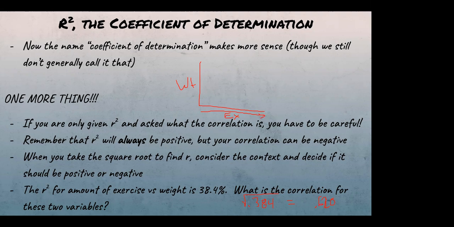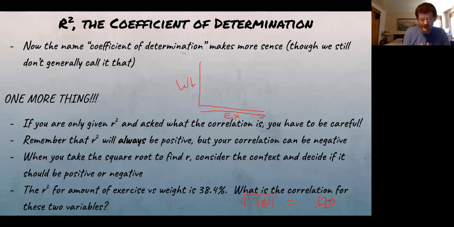It'll decrease. So this is probably a negative correlation, right? I don't know how strong it would be, but it says 0.62. So I could say this is going to be a negative 0.620.